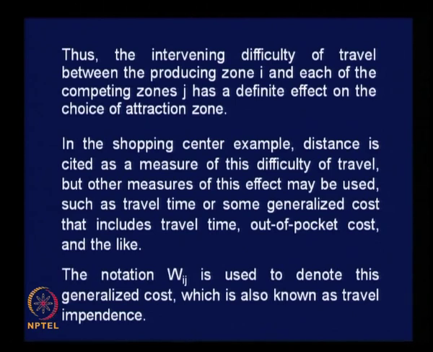What do you understand by generalized cost? The aggregate money value of making a trip is called generalized cost. In one trip you may spend less time and more out of pocket cost, right, and you may enjoy better comfort in travel. And if you assign money value for each of these elements including your travel time, you can get aggregate money value for that particular trip.